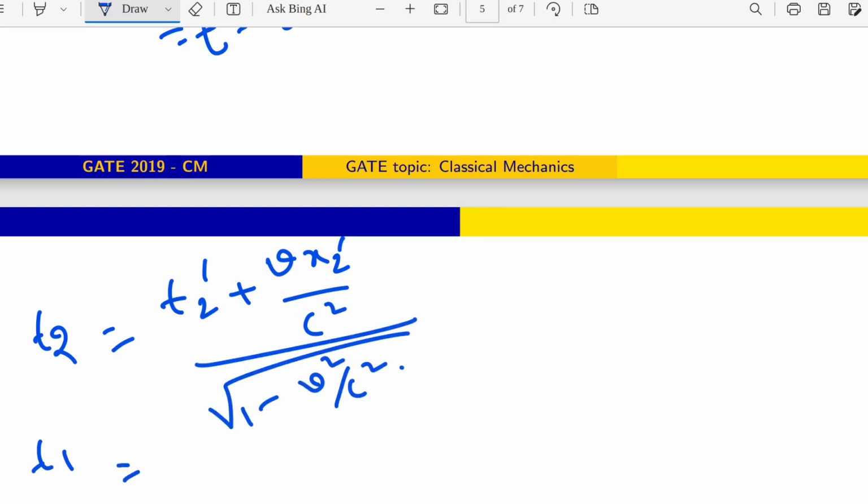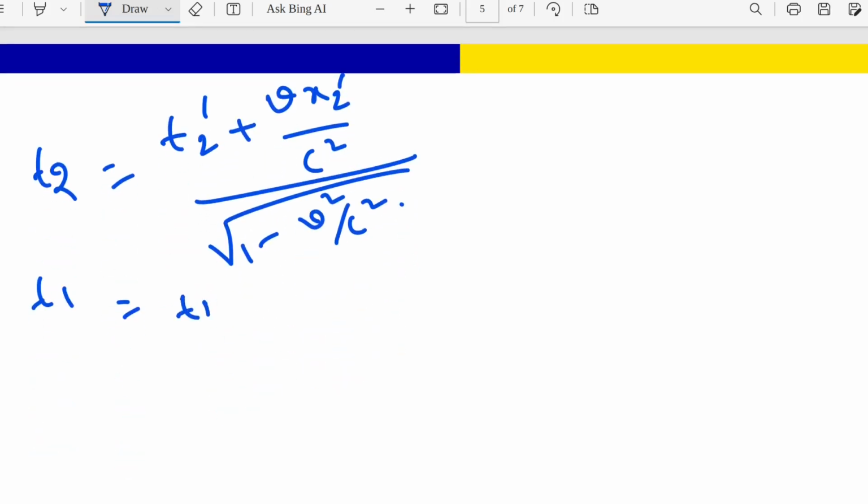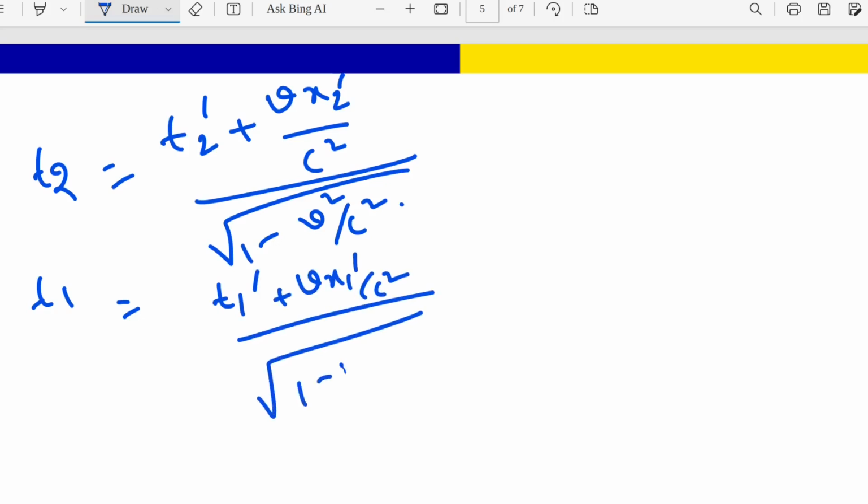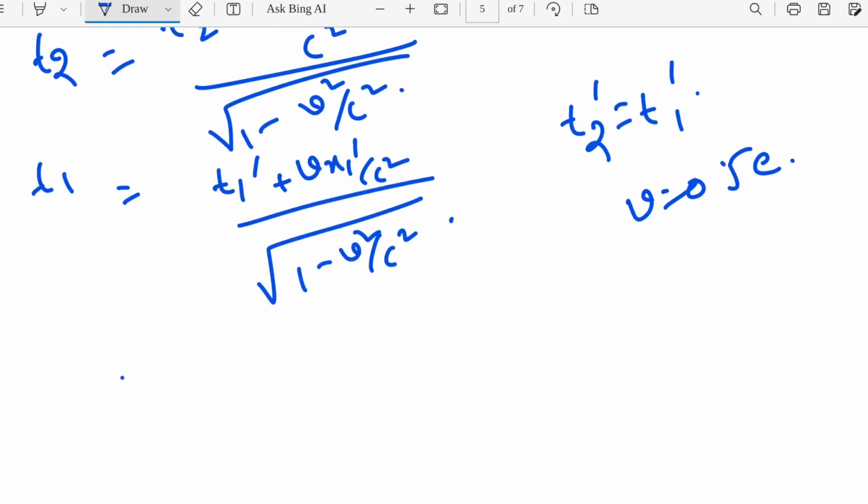And t1 is t1 prime plus v x1 prime by c square, divided by root over 1 minus v square by c square. Now from the previous condition, t2 prime is equal to t1 prime, and v is 0.5 times c. We need to calculate delta t, which is t2 minus t1.